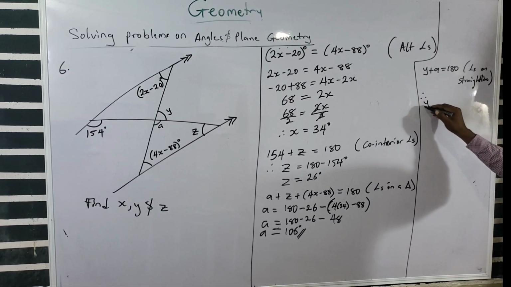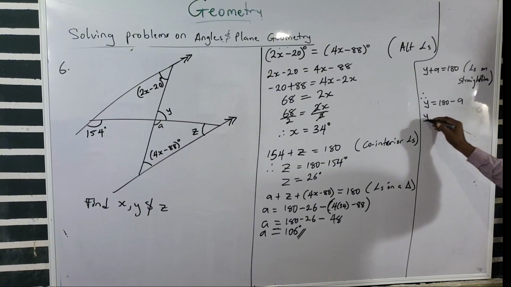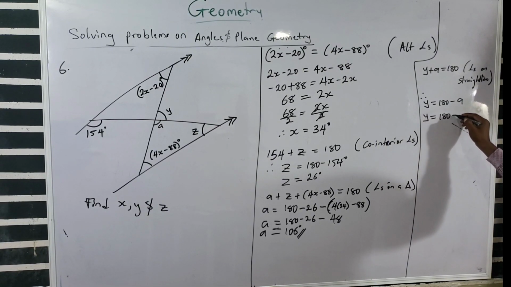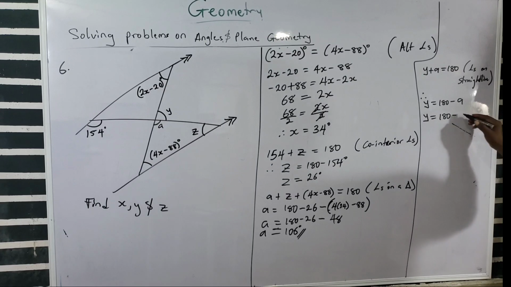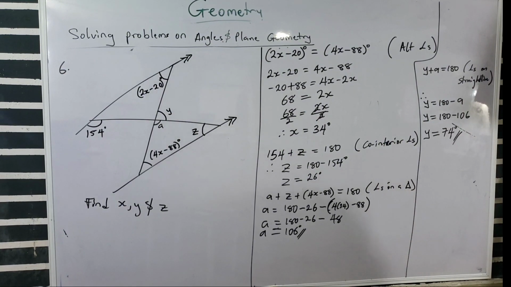Therefore, your y equals 180 minus a. a is 106. So your y equals 180 minus 106. That will give you 74 degrees. So we have gotten our y.